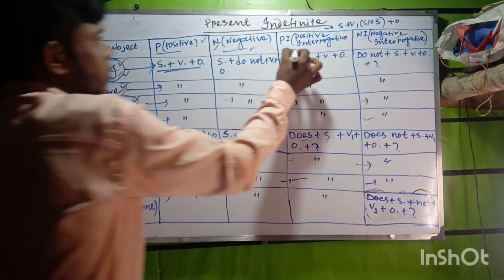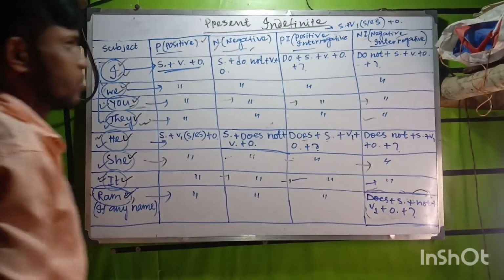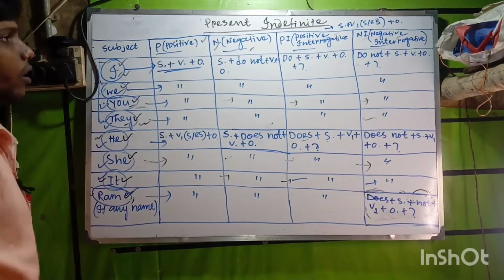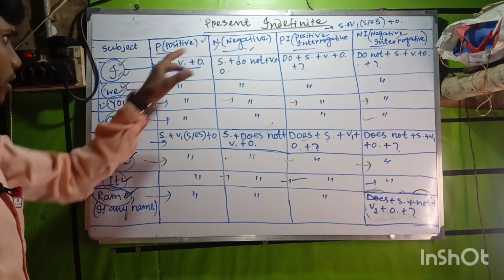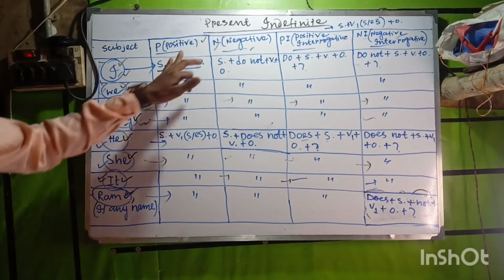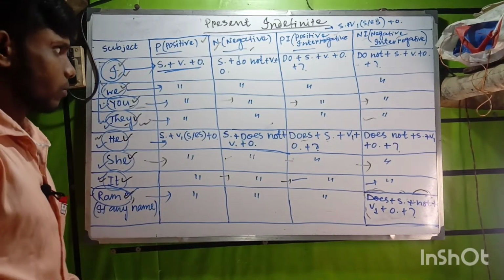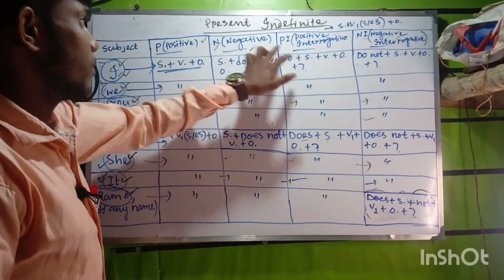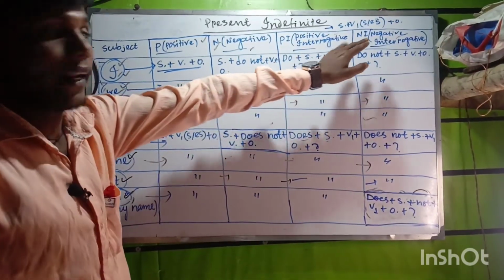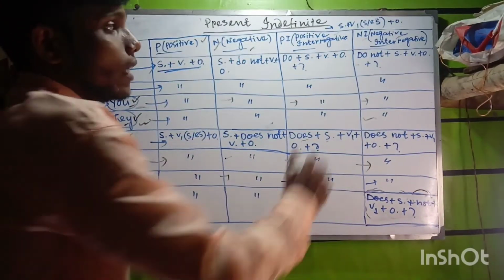These are the functions of any sentence. The P for positive means affirmative also. N for negative, PI for positive interrogative or affirmative interrogative, and NI for negative interrogative.